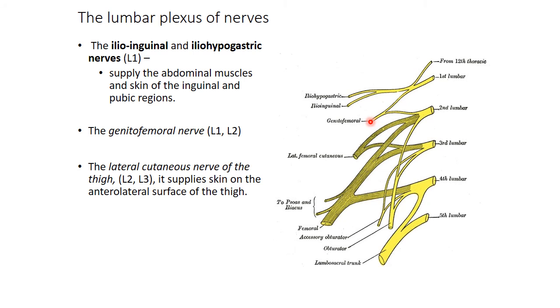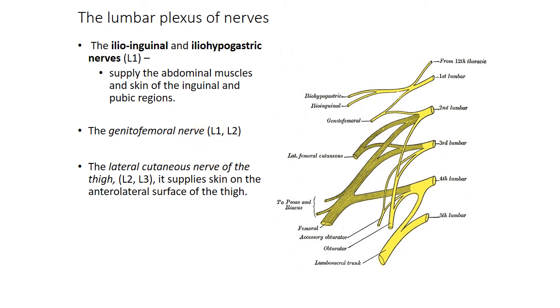Then it divides into, as the name suggests, femoral and genital branches. The femoral branch lies a little lateral to the external iliac artery, enters the lower limb deep to the inguinal ligament, and supplies the skin over the femoral triangle. Whereas the genital branch enters the deep inguinal ring and supplies the skin of the scrotum and the cremaster muscle. So that's the genitofemoral nerve. Root value is L1, L2.